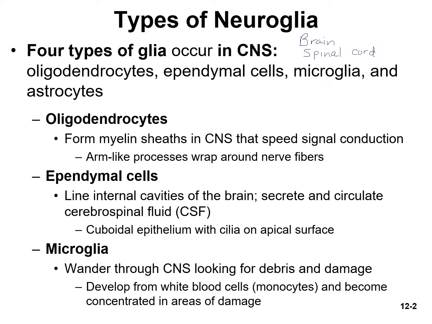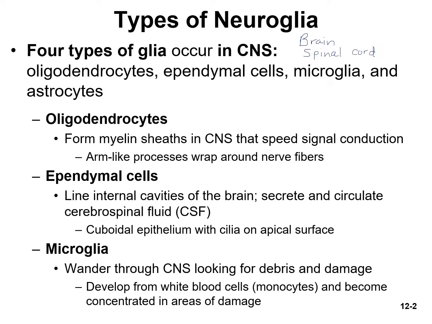But basically you can have one oligodendrocyte cell body with multiple arm-like processes reaching out to several different axons. So you can have a single oligodendrocyte glial cell helping to form the myelin sheath of several neurons.